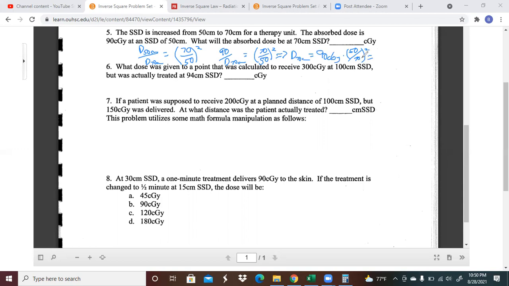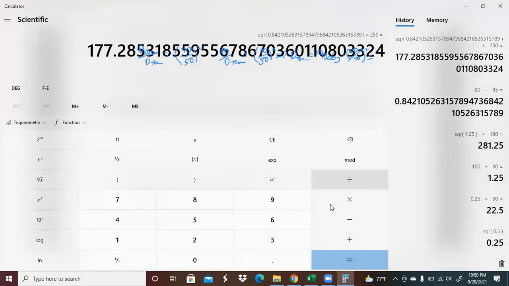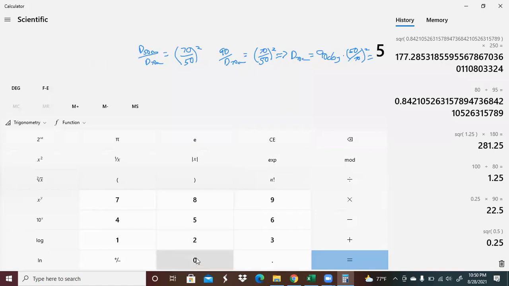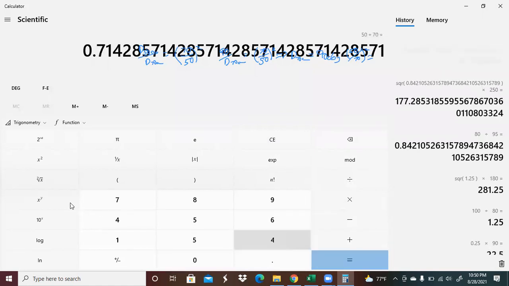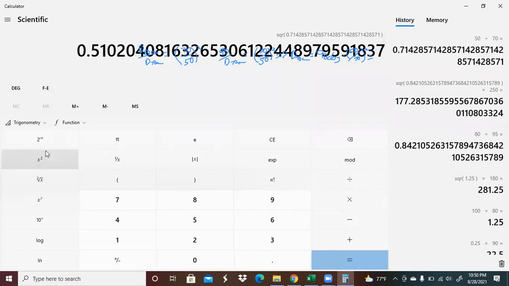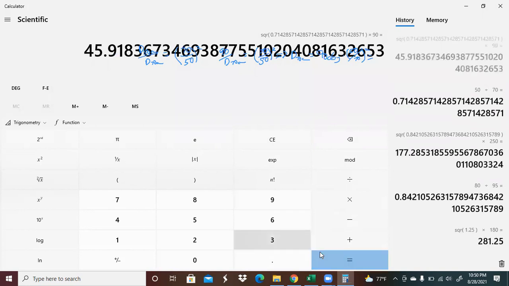So let's do some calculating here. We turn around, square it, multiply that by 90. And that should be 45.92.